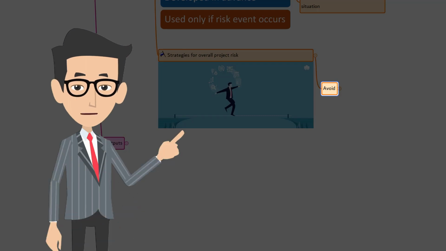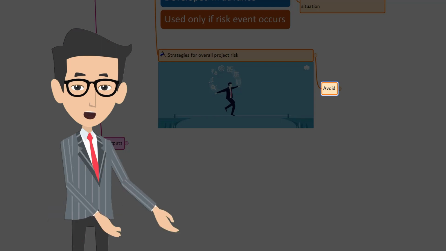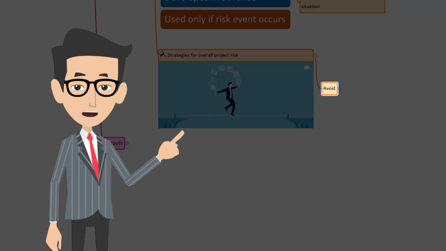First, avoid. Wherever the level of overall project risk is significantly negative and outside the agreed upon risk threshold for the project, an avoid strategy may be adopted. This involves taking focused action to reduce the negative effect of uncertainty on the project as a whole and bring the project back within the threshold.